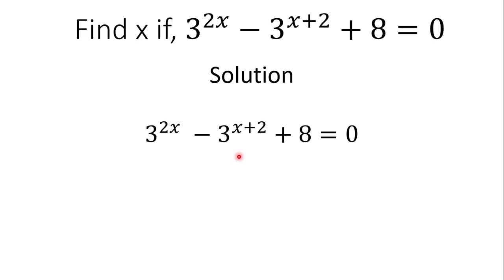So if you are having something like 3 raised to the power x plus 2, all we have to do is convert it back. We're just going to rewrite this one as 3 raised to the power x times 3 raised to the power 2.